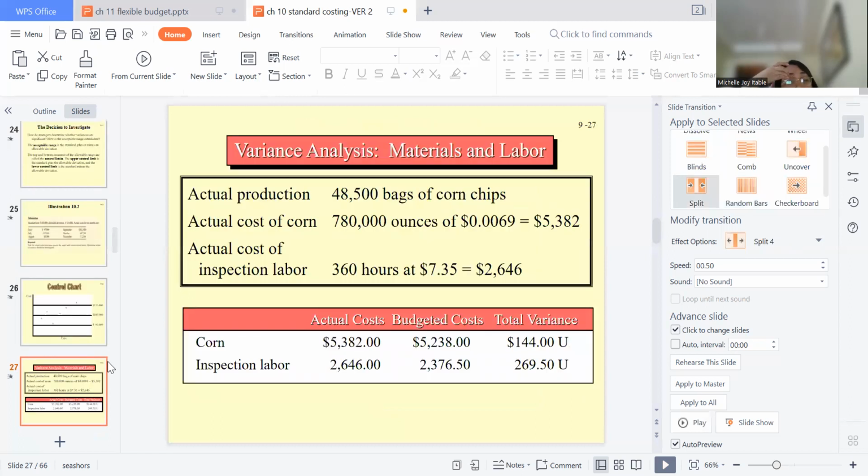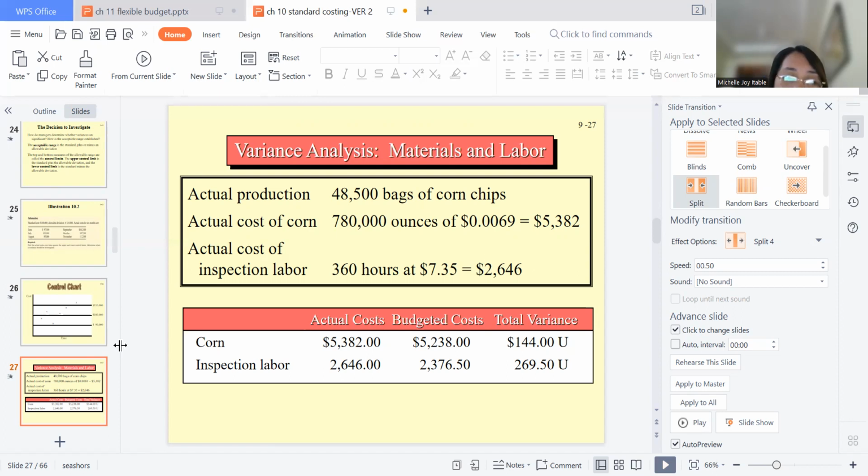Okay, so, variance analysis. Okay, ito na tayo. So, here's an example: materials and labor. We have here actual production, 48,500 bags of corn chips. Again, nagugutom ako sa corn chips, class. Parang naalala ko yung sweet corn. Sarap. Okay, actual cost of corn, 780,000 ounces at $0.0069 equals $5,382.